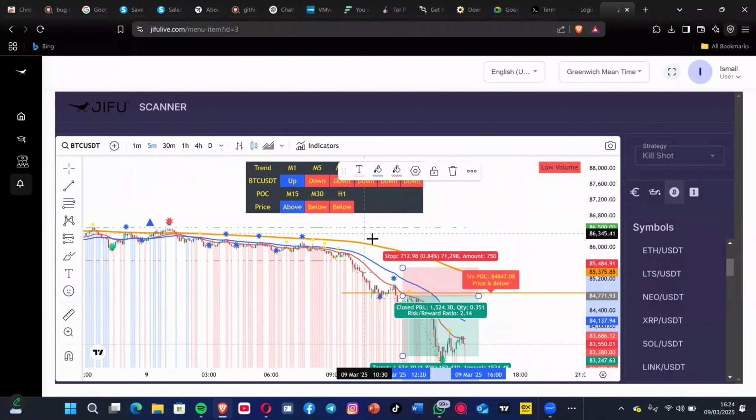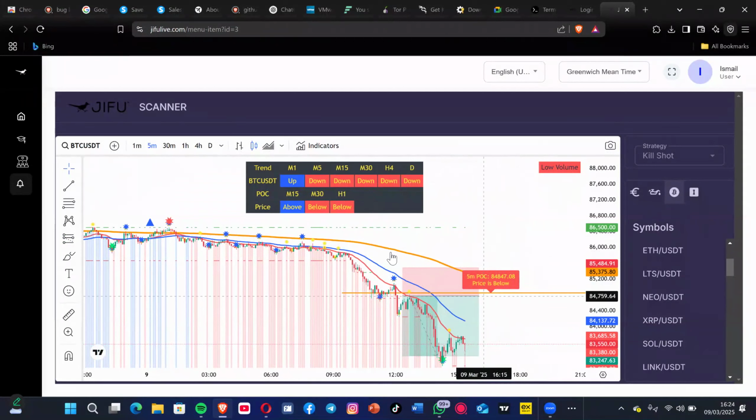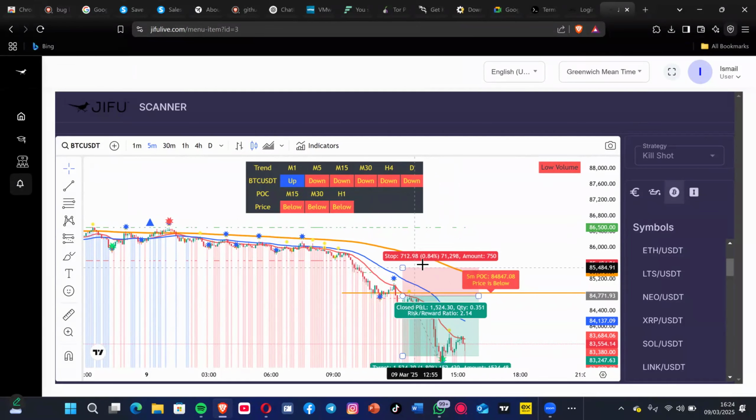Now the last one, which is very strong, stronger than this one, is this orange line. Can you see it? It's called 238. It's just a number you use, line 238. Whenever you see this line, it's always difficult for the market to break it.